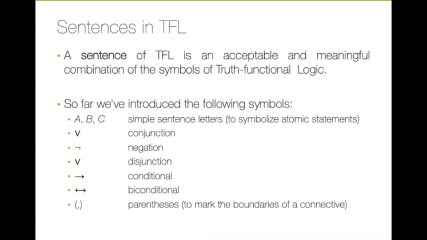And for simple sentence letters, if we need more than we have letters of the alphabet, we can use ones with subscripts. So that'd be like A sub 1, B sub 1. We'll try to avoid doing that when possible. We also looked at conjunction, negation, disjunction, and the conditional and biconditional. And we use parentheses to mark the boundaries of each of those connectives.